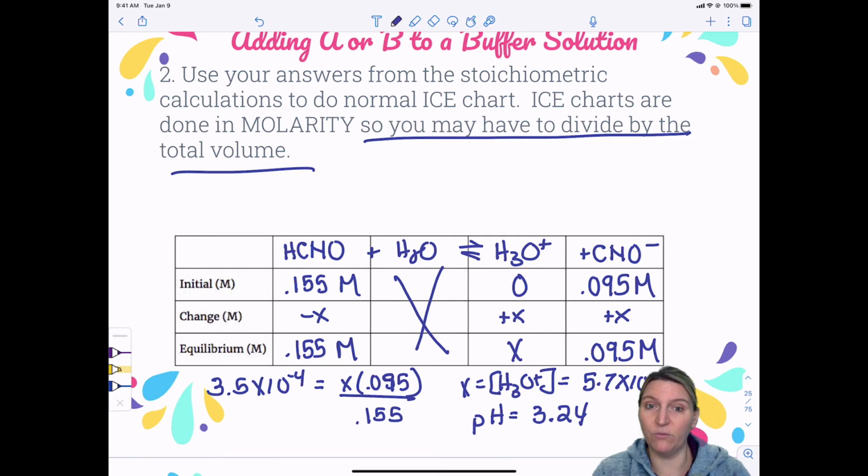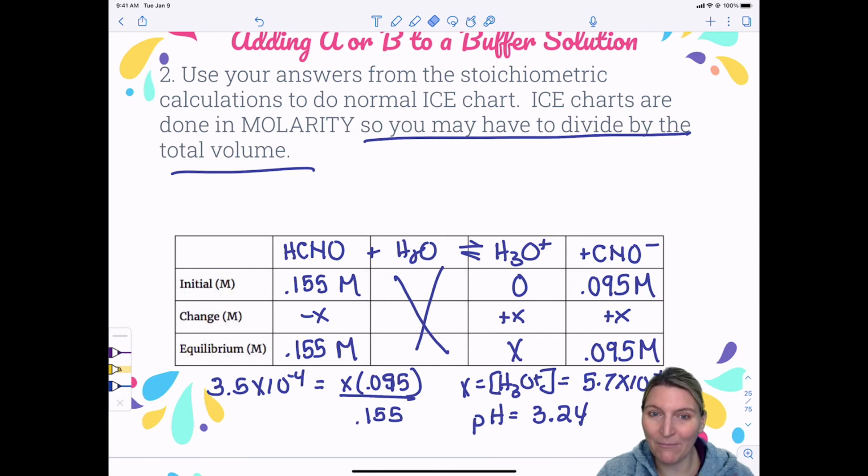Remember, what we found was that at the beginning, this buffer with nothing added was 3.35. And now we've added all this acid, and we get a pH of 3.24. If I had added that same number of moles, 0.015 moles, to 1 liter of water, the pH would drop from 7, which is the pH of water, all the way down to 1.8.